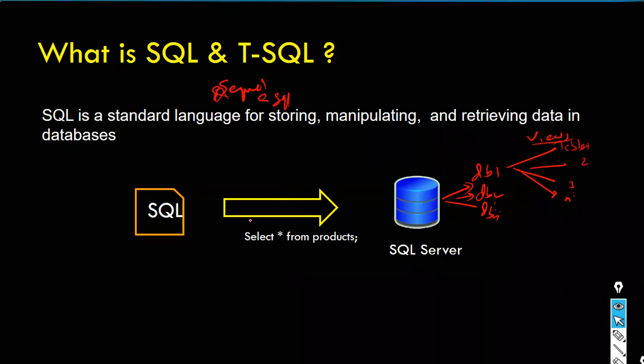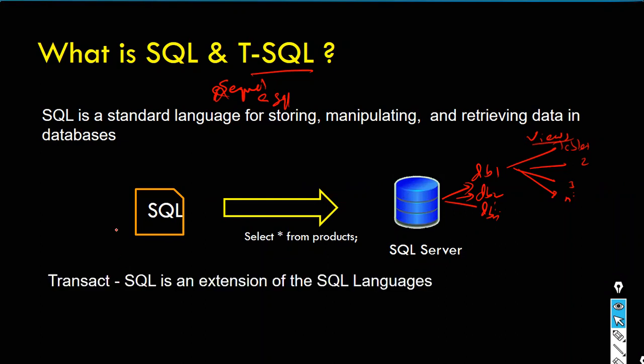In the case of Microsoft SQL Server, we use something called T-SQL. The T stands for Transact-SQL. It is an extension of the SQL language. The majority of RDBMS systems use the SQL language, SQL query. In Microsoft SQL Server, instead of calling it SQL, we call it T-SQL, Transact-SQL.